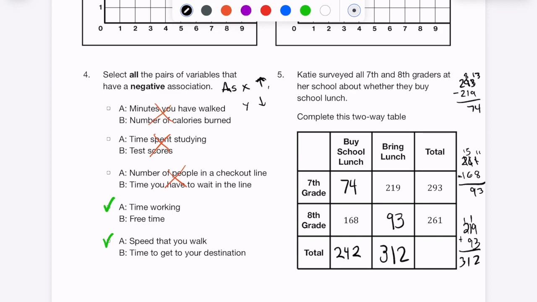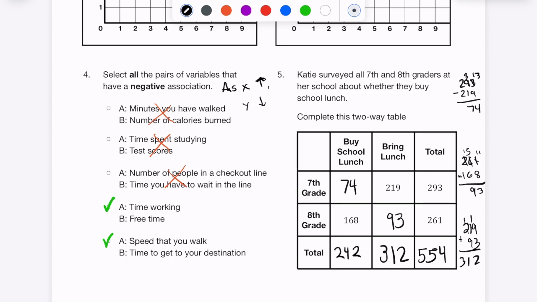And then when we add these together, there's two possible ways of doing this. We can add these together, and that will give us the total, or we can add these together, and that will also give us the total. It's good to do both and make sure you get the same thing. So the total should be 554 students total in either version of adding these up.